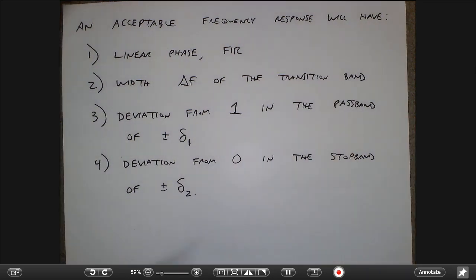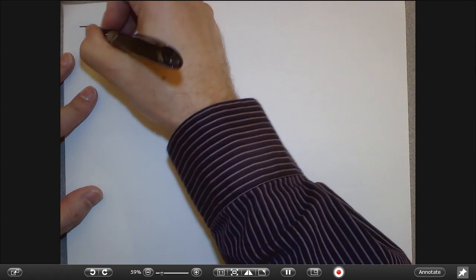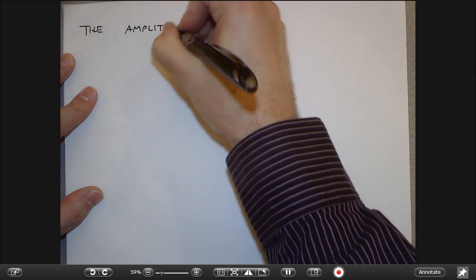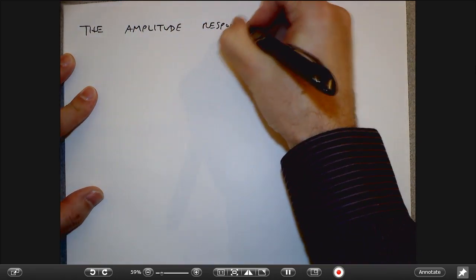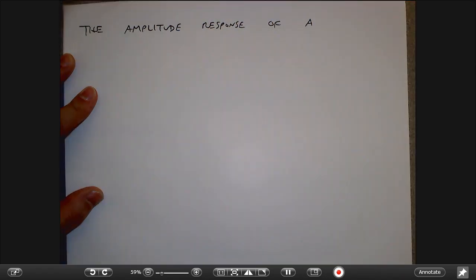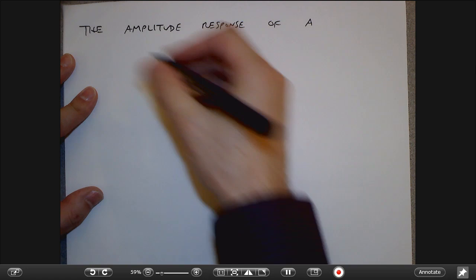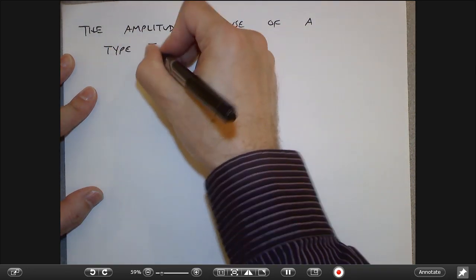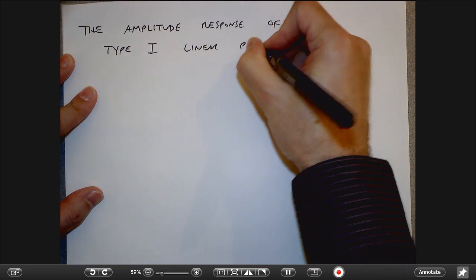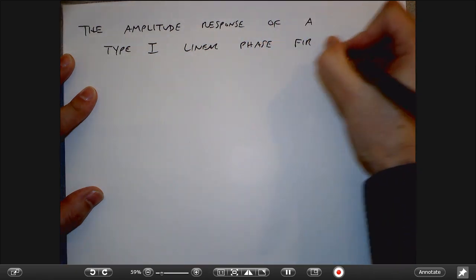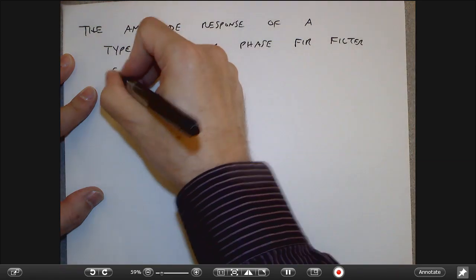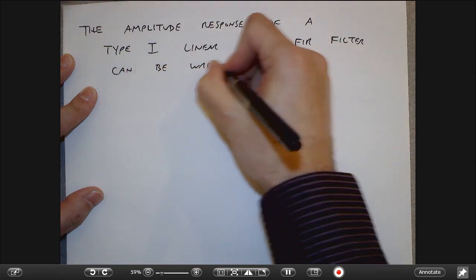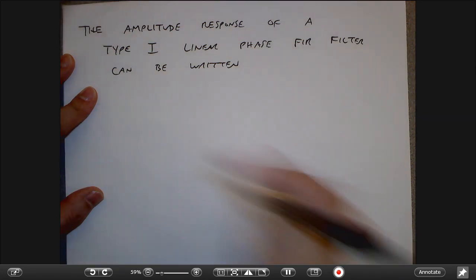Okay. And so one thing that we kind of proved, or I don't know if we proved it, we certainly talked about it last time, was the amplitude response of a, let me say a type 1 linear phase filter can be written as this.